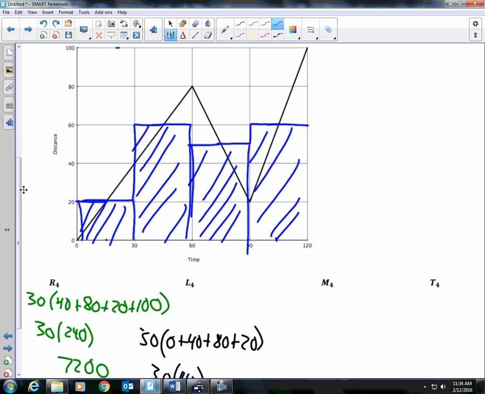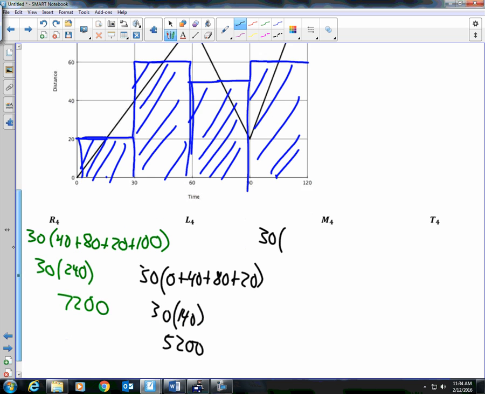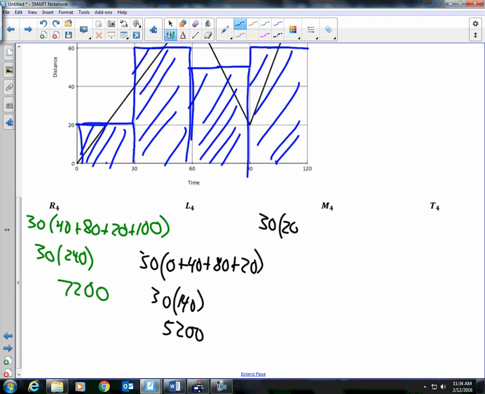Looks like that should hopefully be a much better estimation. So I have 30 times. What's your first height? 10. 60. How about your third height? 50 and 60. So 30 times, let's see, 120 plus 70 is 190. And that makes 5,700.